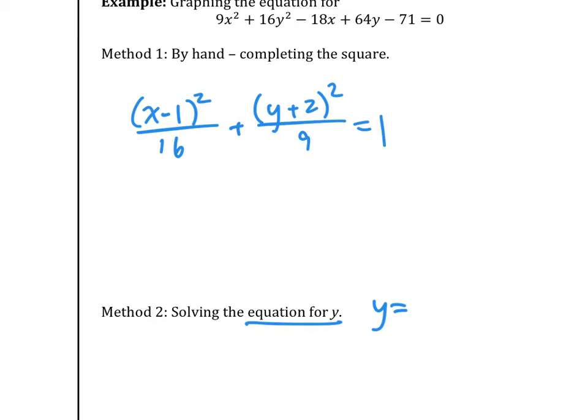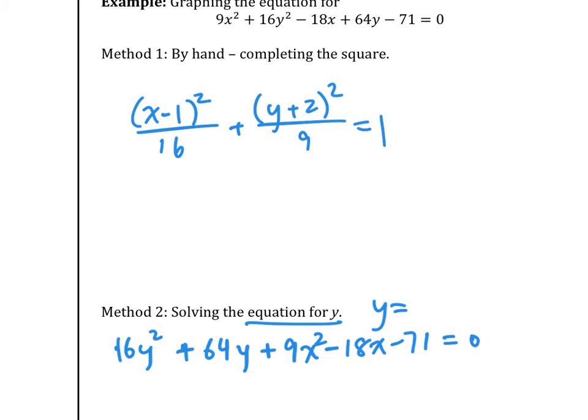So I'm going to rearrange this equation. I start with 16y squared, plus 64y, plus everything else. Everything else is the 9x squared minus 18x minus 71 equals 0. So remember, y is my only variable, and you can see that my variable goes from y squared, y, to everything that doesn't have y.